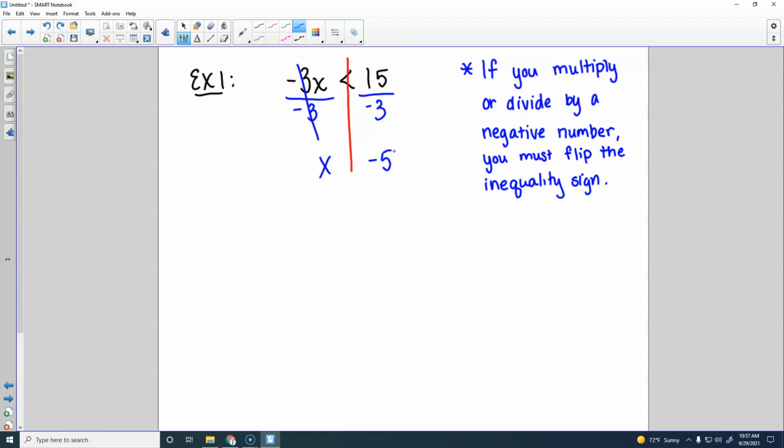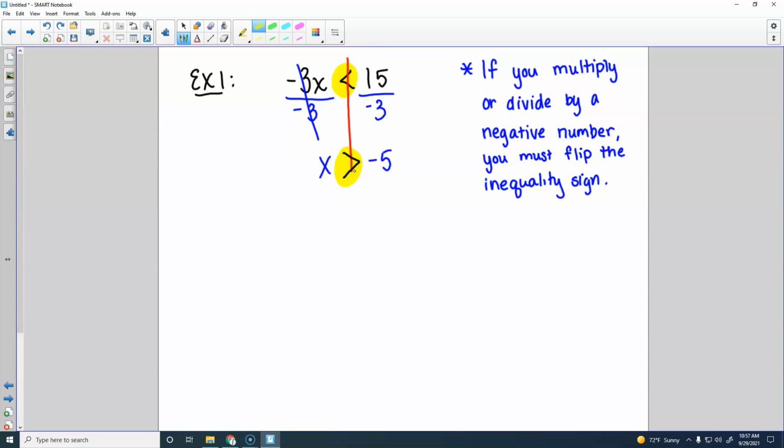But because I divided by a negative, I have to flip this sign right here. So we see right here it was less than. I've got to make it greater than. So I'm going to highlight that there. The less than sign turned into a greater than sign.